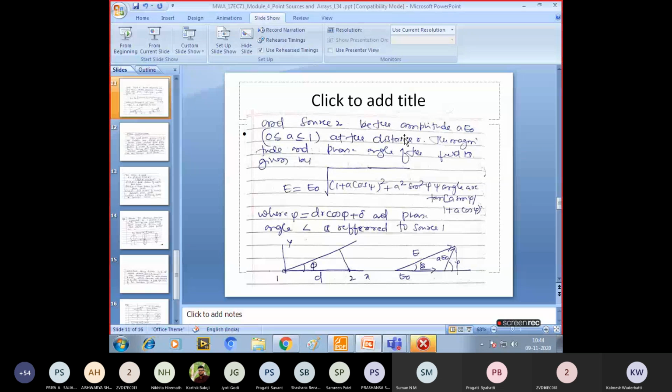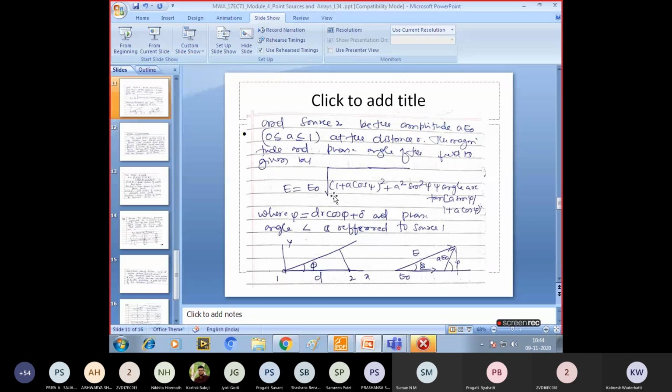At the distance r, the field is measured. This is the far field distance. The magnitude and the phase angle of the field are with respect to source 1 as well as source 2. Therefore, E equals E naught, which is common.